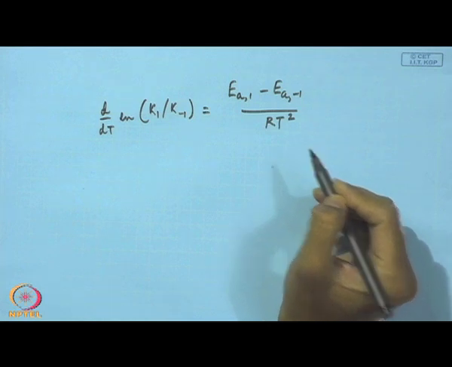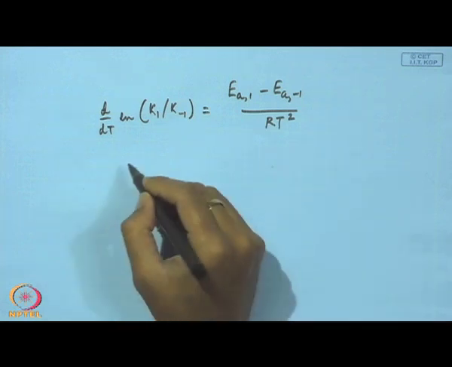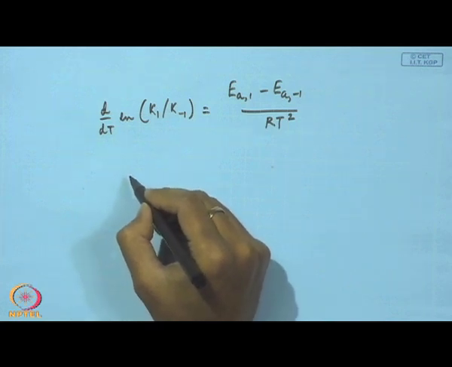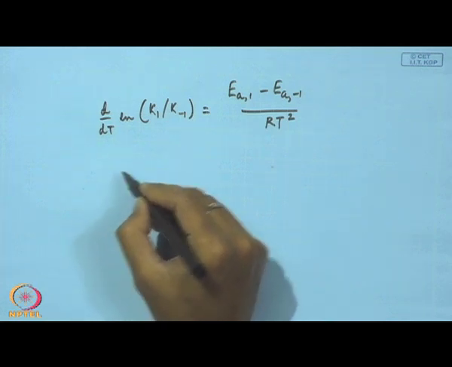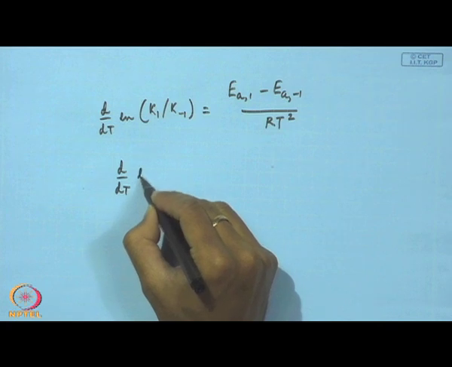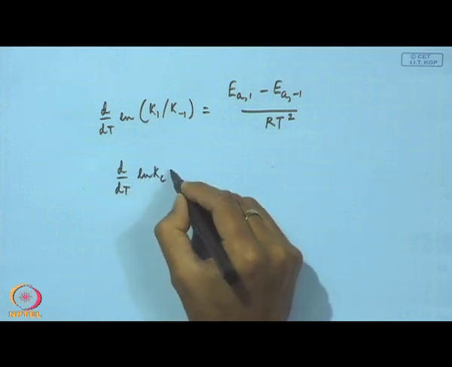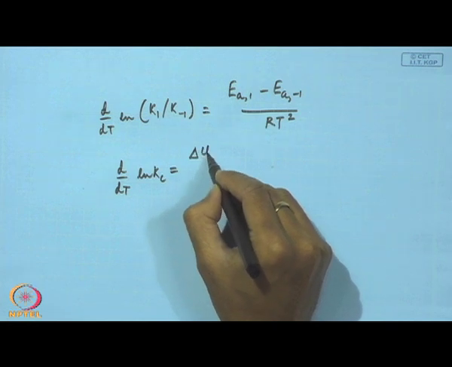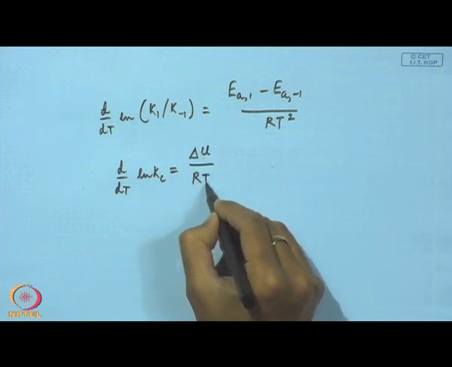Okay. And we know from chemical equilibrium that the concentration equilibrium constant can be related to temperature by this relation, d/dT of ln Kc. It is another Van 't Hoff's equation, delta U by RT square.